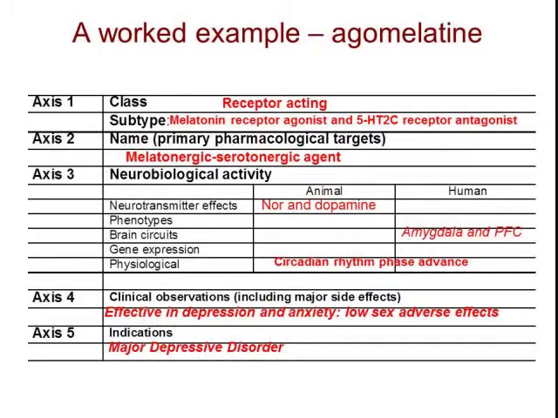So let me give you a worked example. Let's look at a new antidepressant, agomelatine. This we call a class of receptor-acting drug, or a receptor agent. The subtype is determined by which receptors it works on. So it works on melatonin receptors, where it's an agonist, and 5-HT2C receptors, where it's an antagonist.